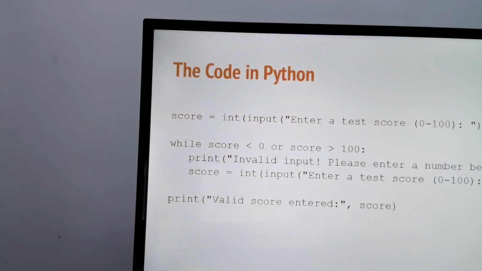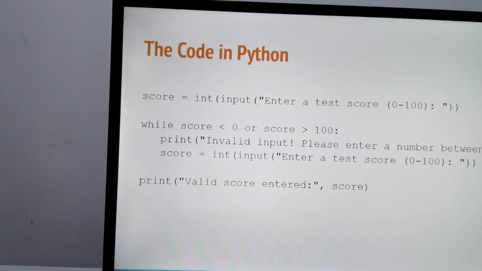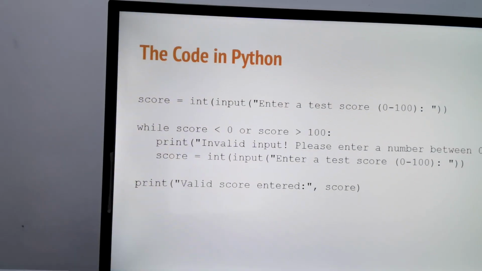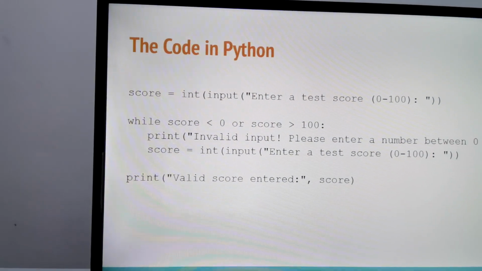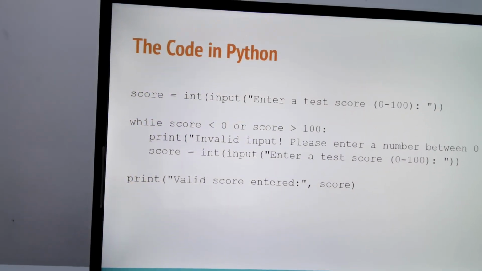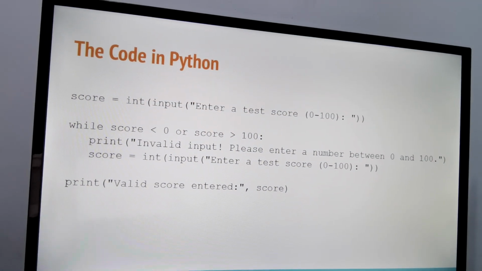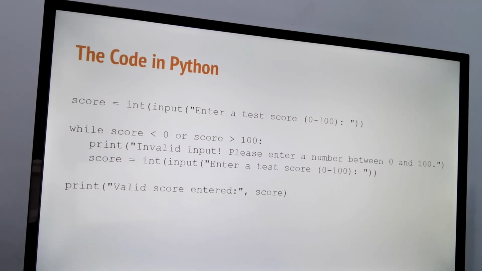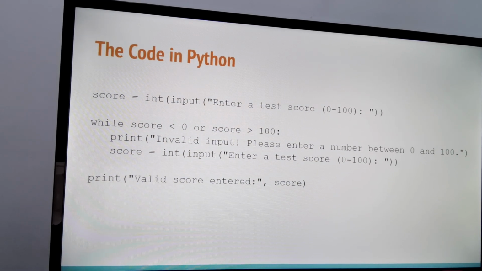If one of the two conditions turns true, then the error message is printed on screen, and the user is asked to input another score. So those two lines are executed if one or two conditions turn true.